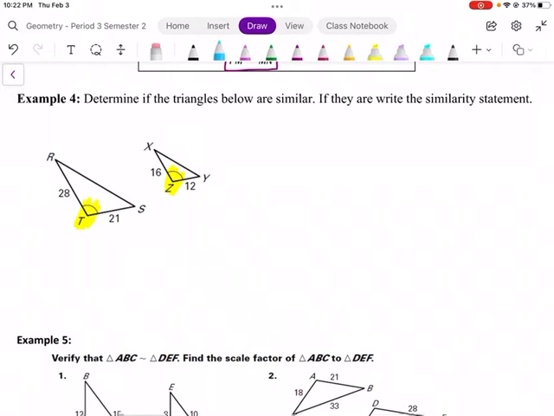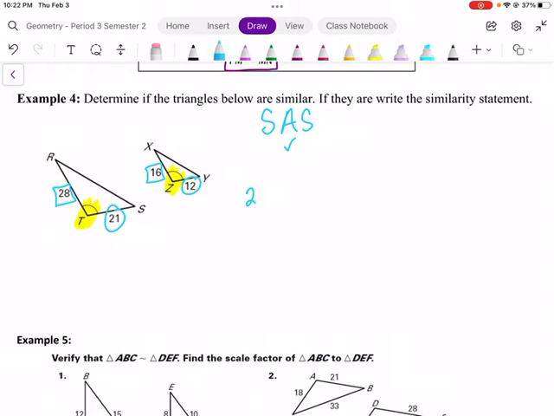So now, in order to do side, angle, side, we need to prove that the two sides around that angle are proportional. So I'm going to circle the smallest side and box the bigger side, and do the same in our second triangle. In this one, they are on the same sides as each other, but that's not always going to be the case. So circling the smallest and putting a square around the largest will help keep it in order for you so you know which sides have to go together.